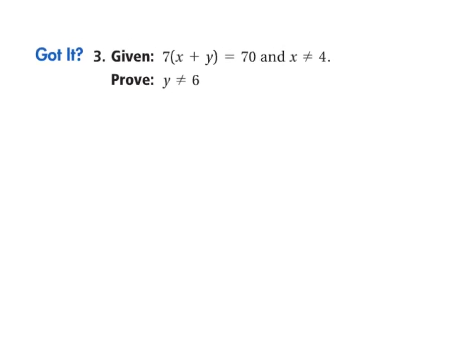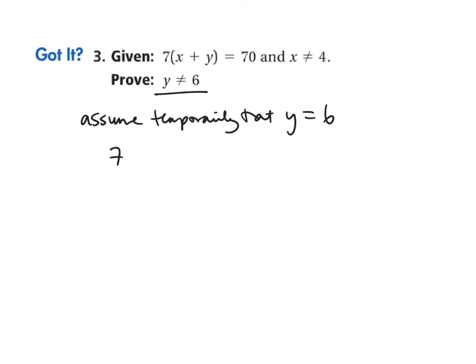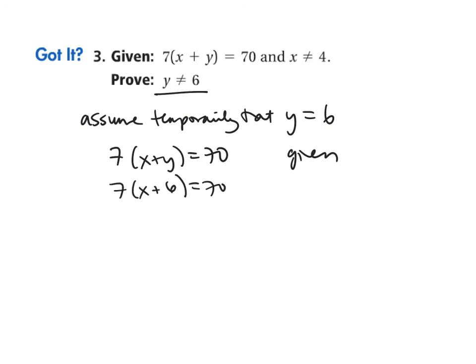Okay, so here we're trying to prove that y is not equal to 6. So let's assume temporarily that y does equal 6. Okay, and so 7x plus y equals 70 is given. Let's plug in 6 for y. That's substitution. Let's divide both sides by 7. So we get x plus 6 equals 10.